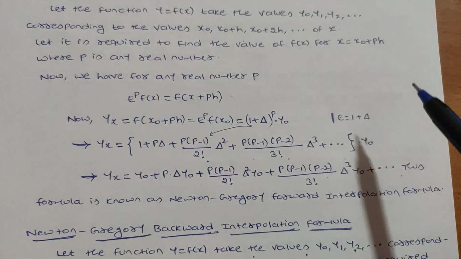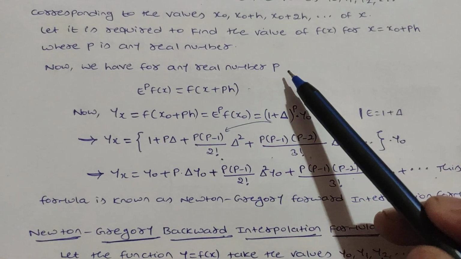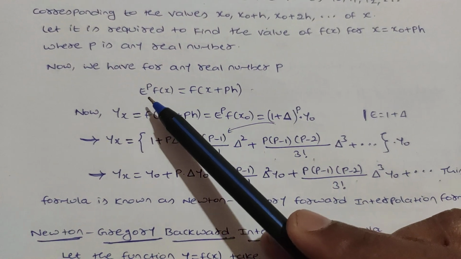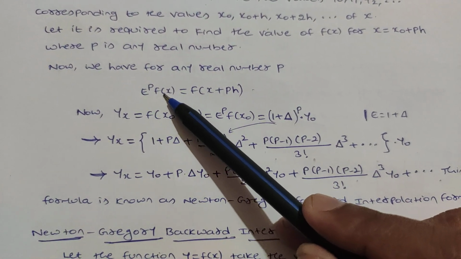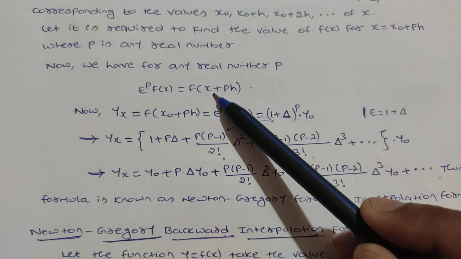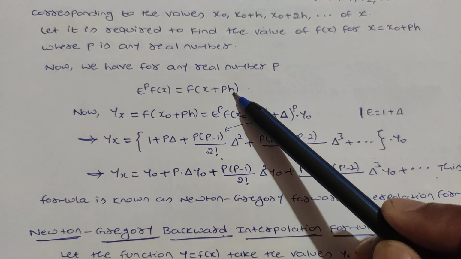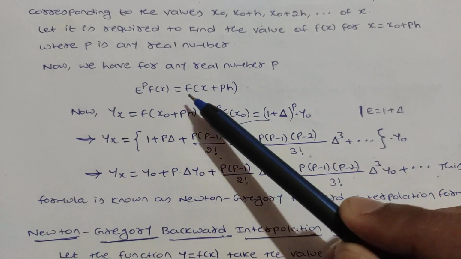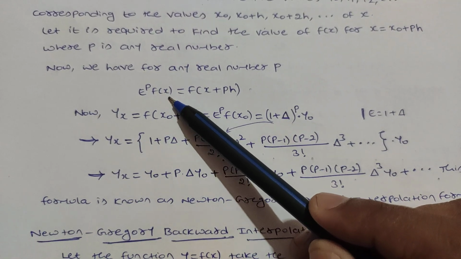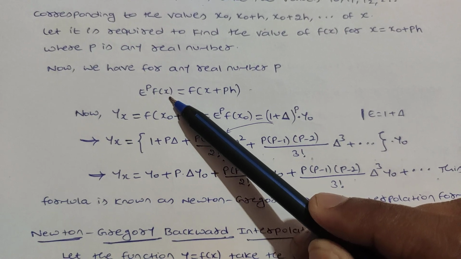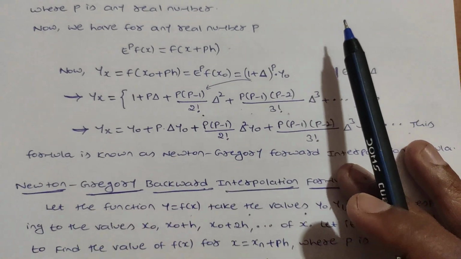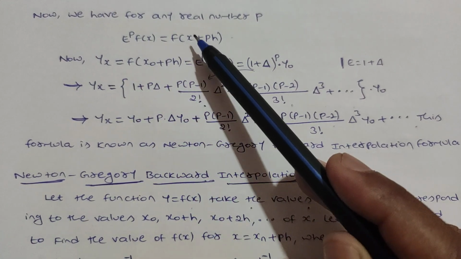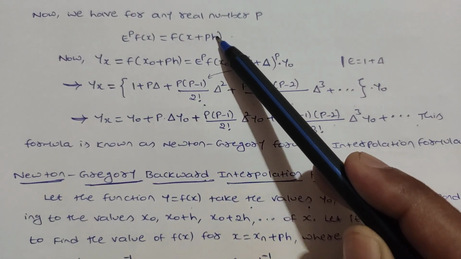Now, for a real number p, from the previous classes, we know the result that E to the power p into f of x equals f of x plus ph. That means consider the value of f of x plus ph as E to the power p into f of x. Now, y of x will be equal to f of x plus ph.